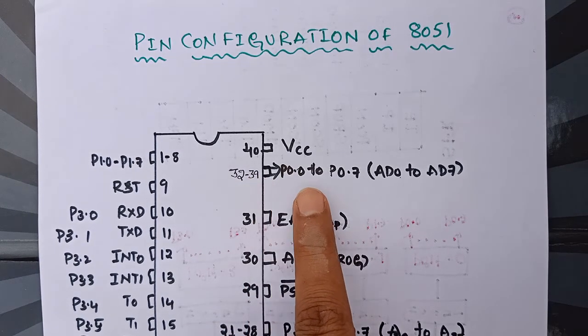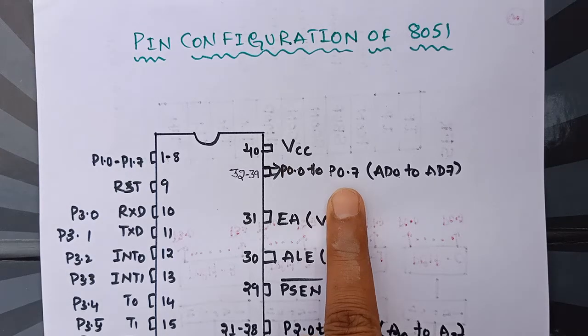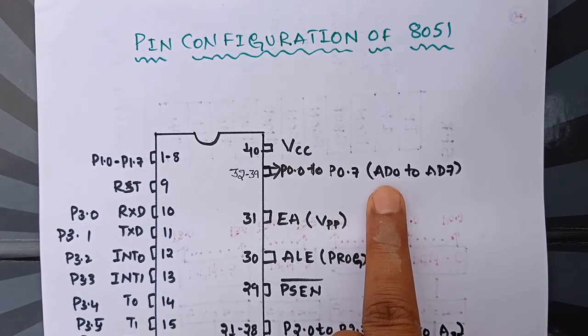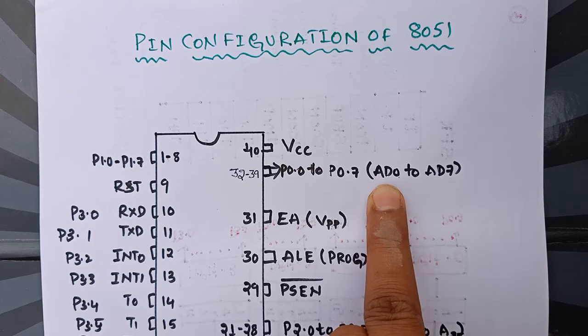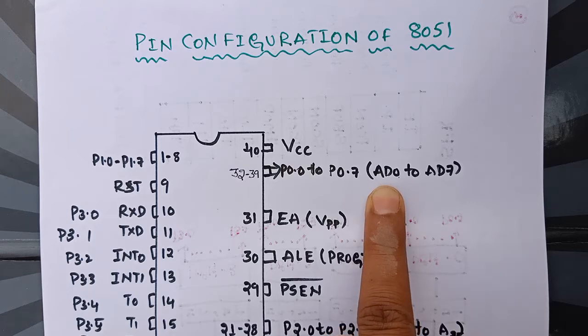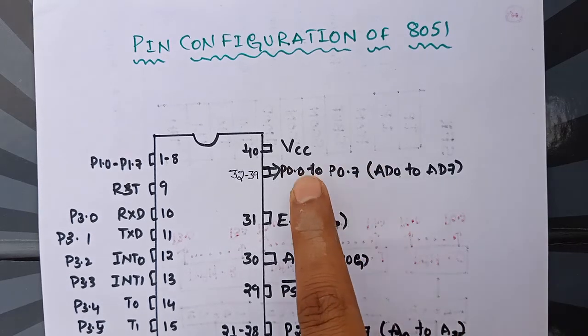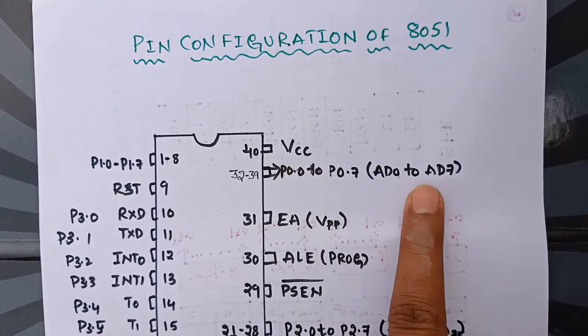These ports are dedicated to transfer the address and data, 8 bits of address and data, because the address bus and data bus are multiplexed here. Therefore the lower order address bus and the data bus D0 to D7 are multiplexed and communicated through P0.0 to P0.7.